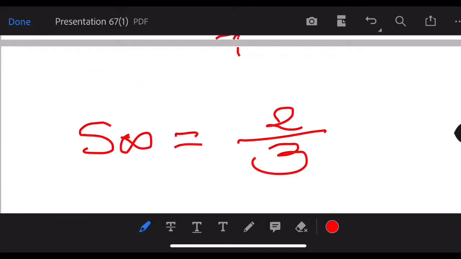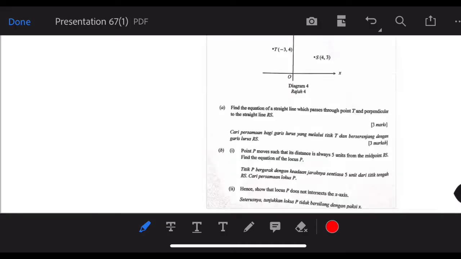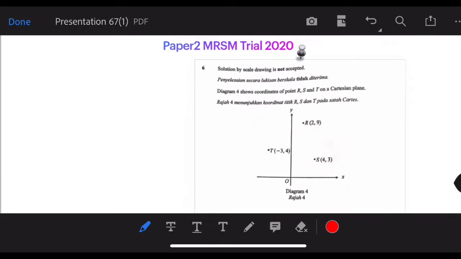Okay, so I have discussed 2 questions on how to solve trigonometric and arithmetic progression questions. Now I would like to continue with another question. The next question is a very interesting, hot question. So okay, I'm going to discuss this one.